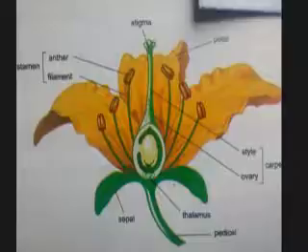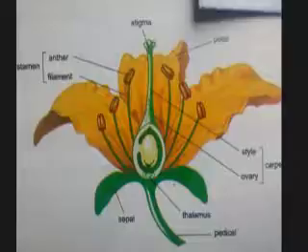Inside, on the inner side of the petals, we can see filament like structures which are called stamen. The stalk like structure is filament, and on the top of filament we can see sac like structures. They are called anthers.